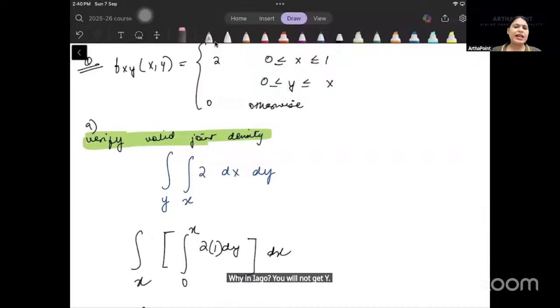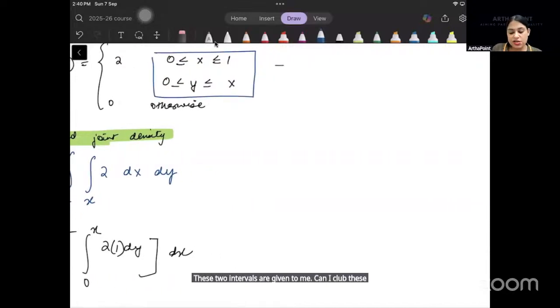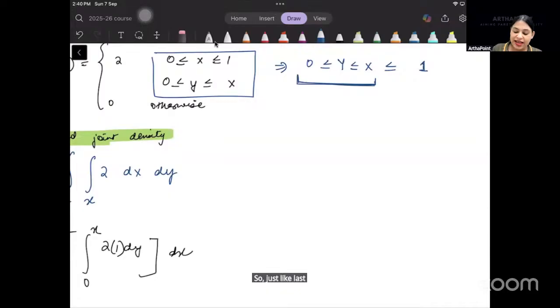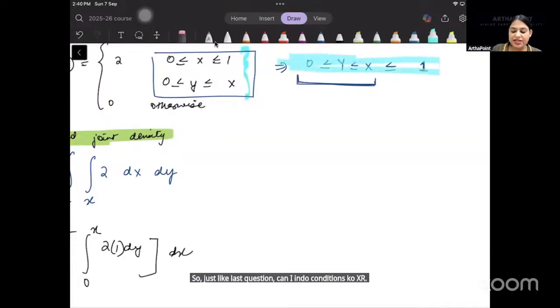But tell me something. These two intervals are given to me. Can I club these two intervals? X is between 0 and 1. And y is between 0 and x. So just like last question, can I write these two conditions together like this?